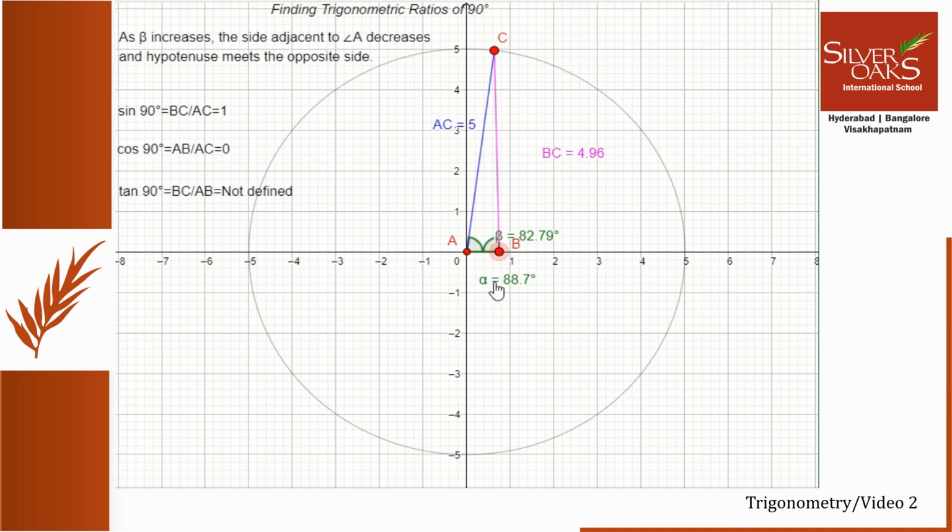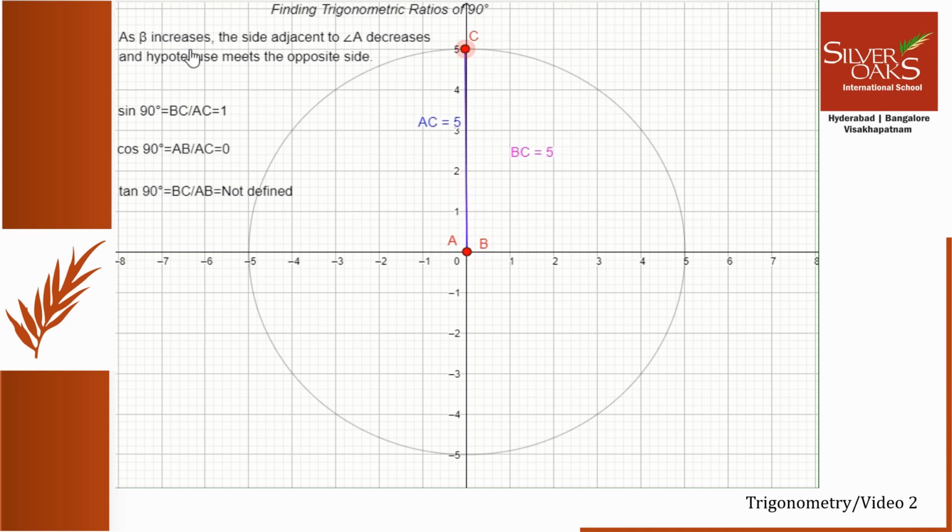The point B gets closer to the point A, and finally angle A is becoming very close to 90 and angle C is 0. Now side AC is coinciding with BC.